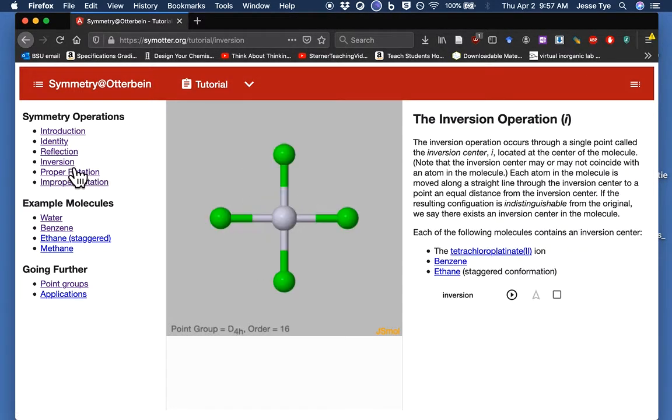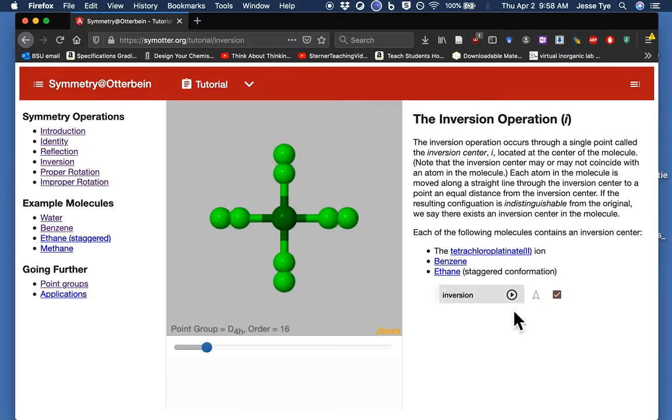Next one we'll talk about here is inversion. Inversion is kind of going to look like a double reflection. The inversion operation happens around a point. And I'm going to click this little highlight here. So the inversion happens around this center atom. So this is a platinum, and it has 4 chlorides around it.